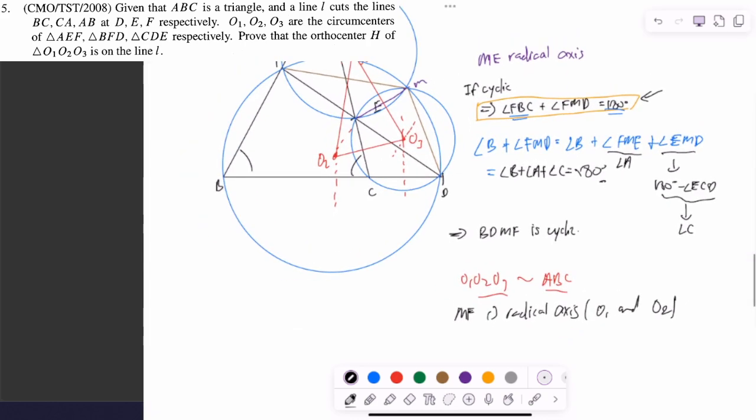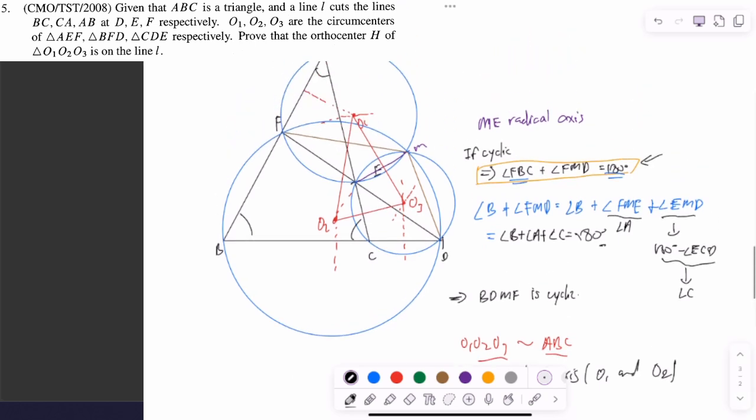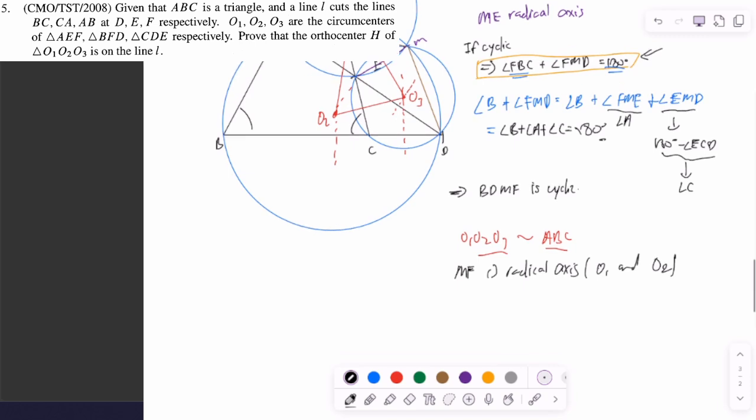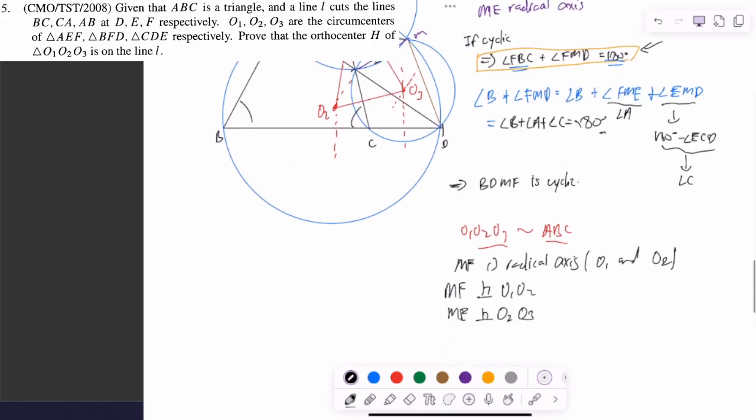So you can say that MF is perpendicular to O1, O2, and ME is perpendicular to O1, O3. Sorry.